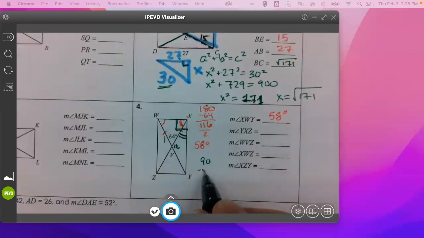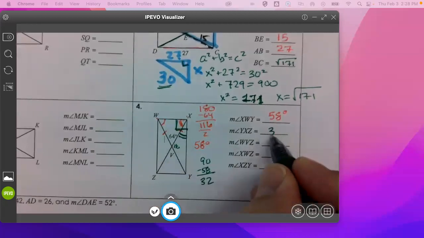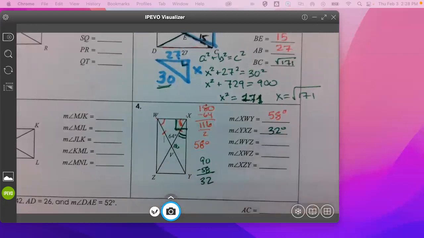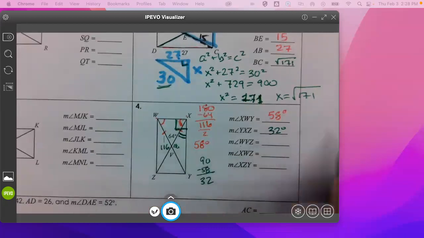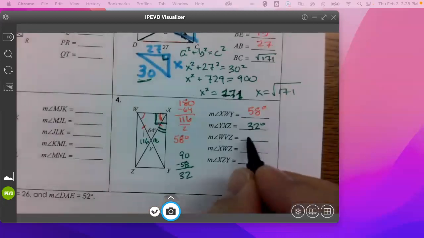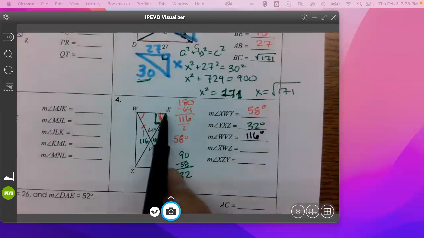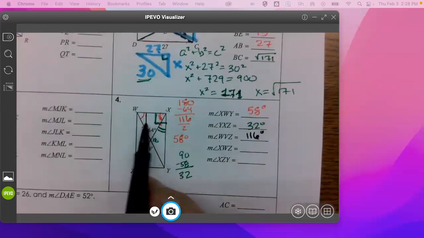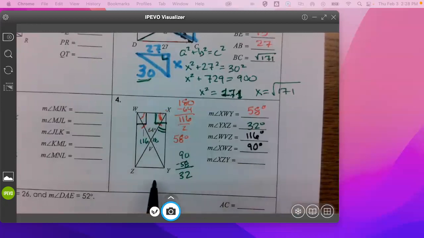So we could say 90 minus 58, which is equal to 32. So this angle is 32. WVZ, WVZ. This is what you suggested with the linear pair, right? So that's 116. XWZ, well, that's a right angle. And XZY. What about that one?